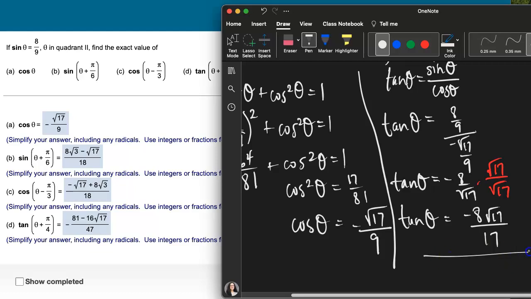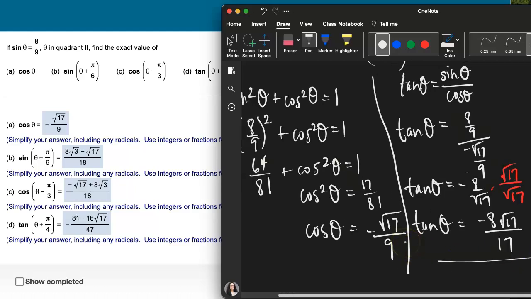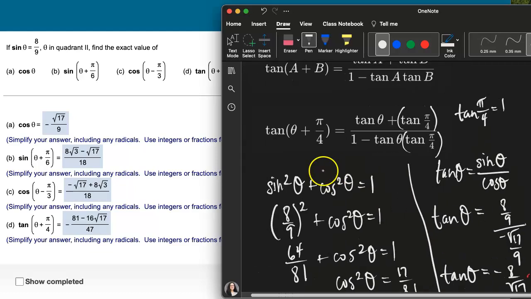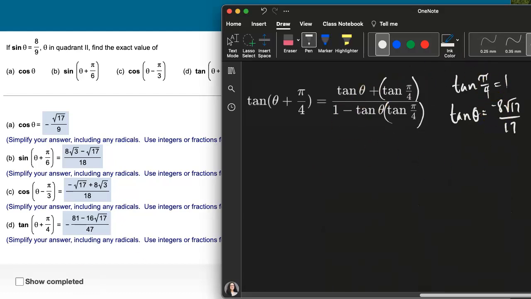Remember, the reason we were going for that value is because that was the only missing value from our sum formula up here. So just to have some more space, I'm going to move that over here to this side of the screen. Again, we already know tangent of pi over 4 is 1. We just found tangent of theta. So let's make these substitutions into our identity formula.